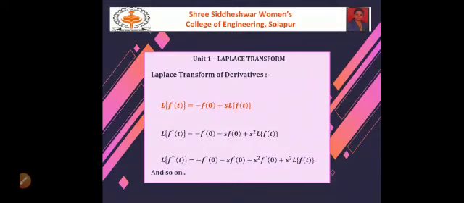But these three results are frequently used, and this result is very important for the most important application of Laplace transform, that is to solve differential equations. Okay, now we will solve 2 examples using these results.